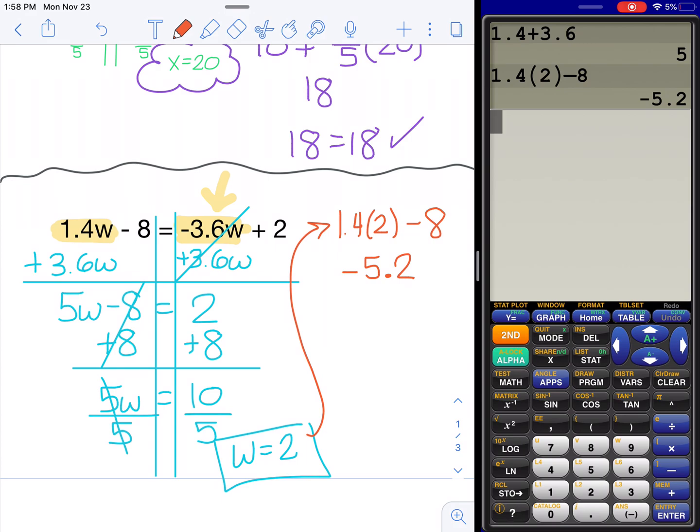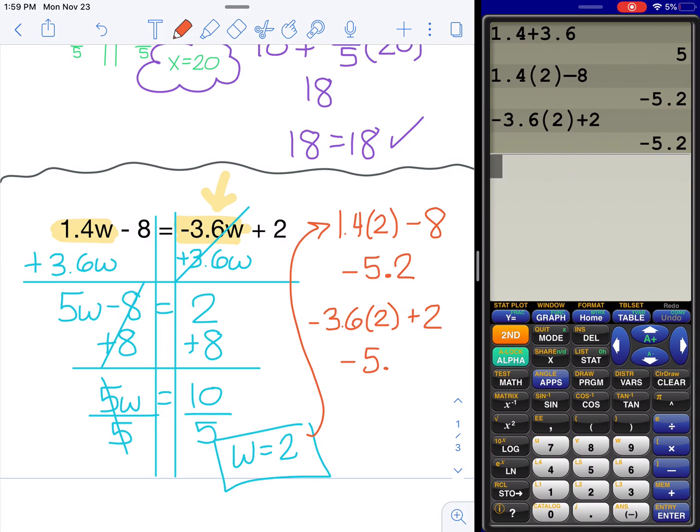On the other side, I have negative 3.6 w plus 2. Negative 3.6 times 2 plus 2 more. I get negative 5.2 again. So again, even though that check seemed a little scary, negative 5.2 isn't really as nice of a number, I still got the same number on both sides, so I'm all set.